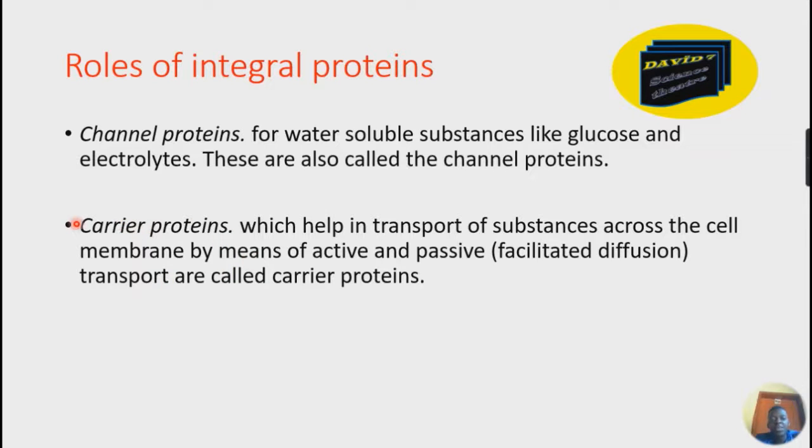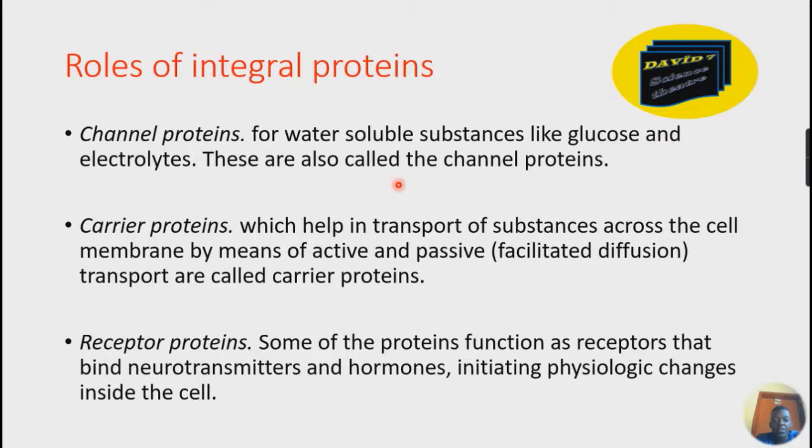So carrier proteins are for transport by means of diffusion, but channel proteins are just channels for water-soluble substances, call it glucose and electrolytes. Then integral proteins can also be receptor proteins, and some of the proteins function as receptors that bind neurotransmitters and also bind the hormones. So it will initiate physiological changes inside the cell.